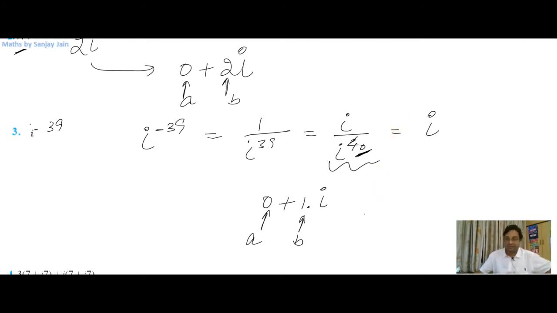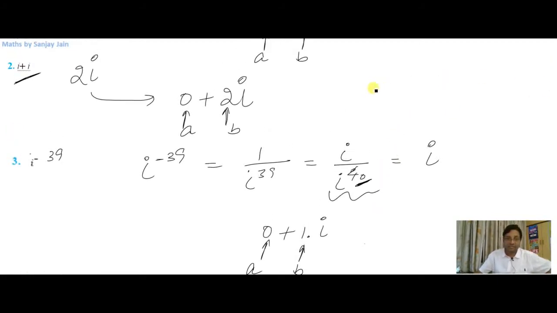And in the previous question also I noticed that the statement was iota raised to power 9 plus iota raised to power 19, right? So there is a misprint here. For this also, what you can do is write it as iota raised to power 8 into iota, the first part, and the second part you can consider as iota raised to power 16 into iota cubed.